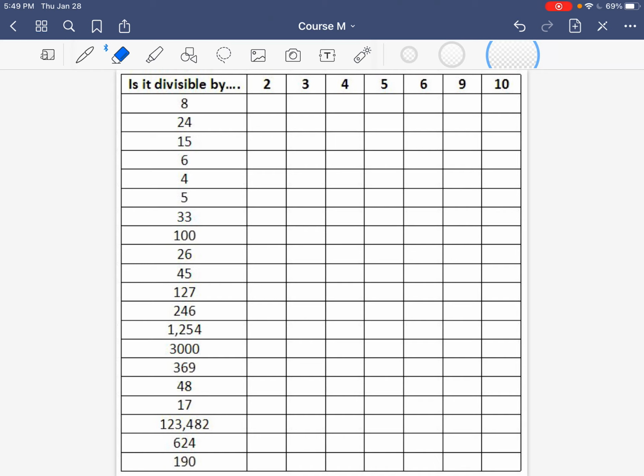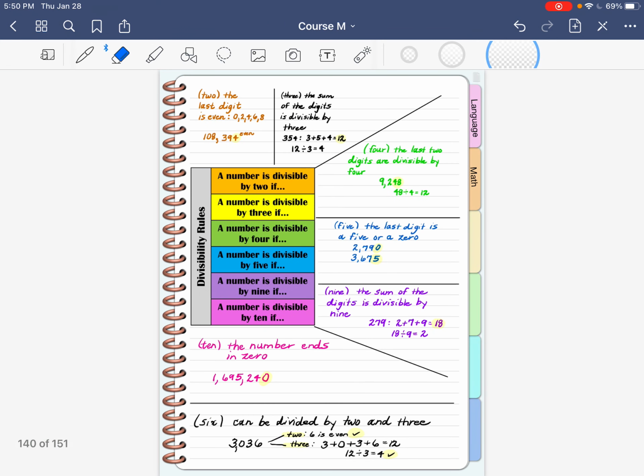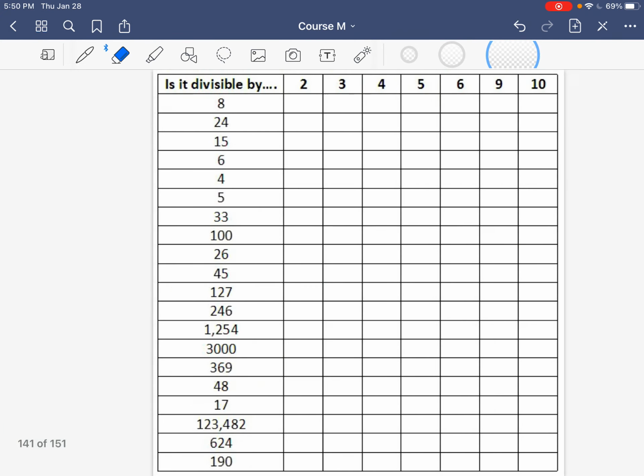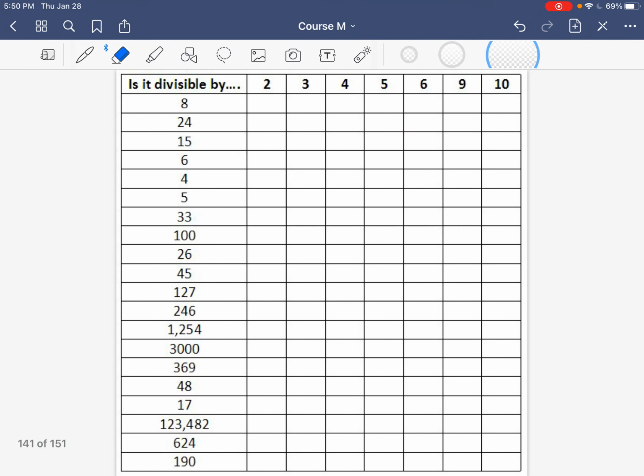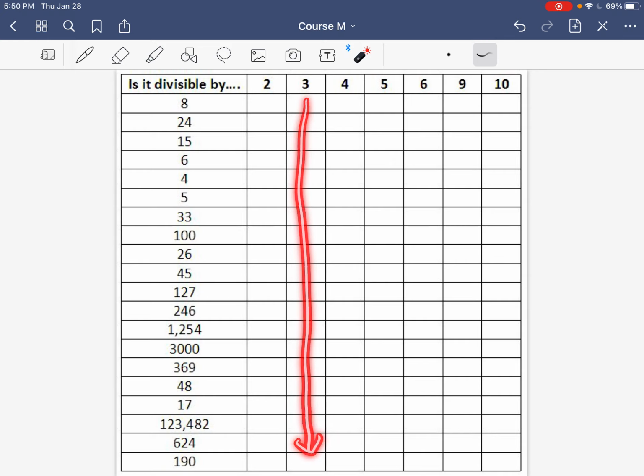You will need this piece from your memory kit for this clip, and you might want to have these rules close by where you can refer to them. The way I think I'm going to do this is by column, so I'll do all of the answers in this column, and then we'll do all of the answers in this column, and that way we're practicing the same rule over and over.